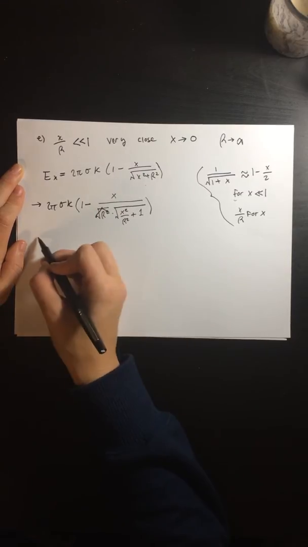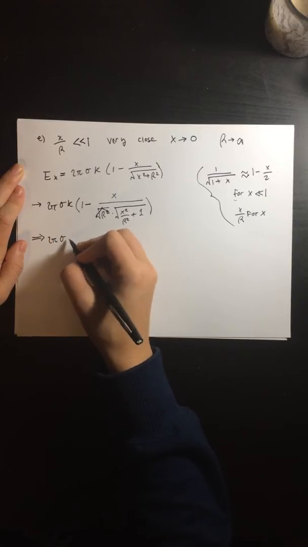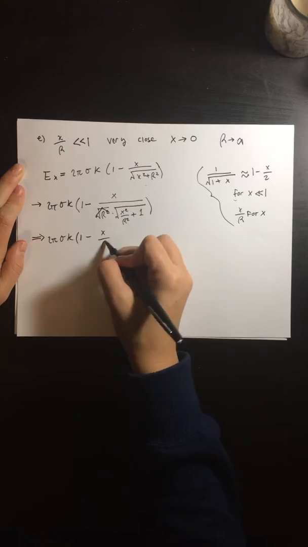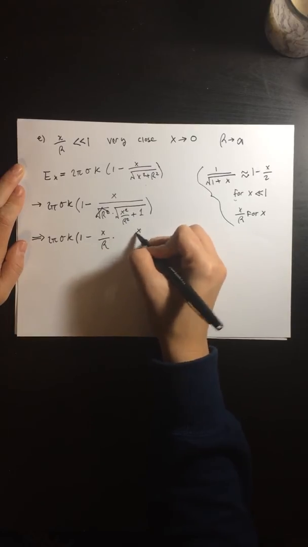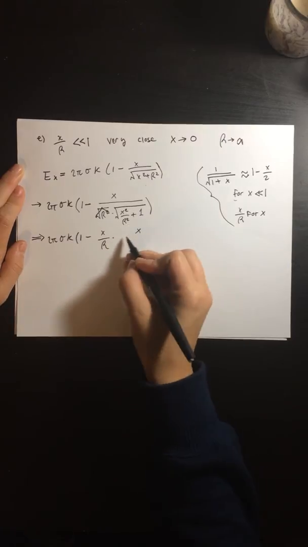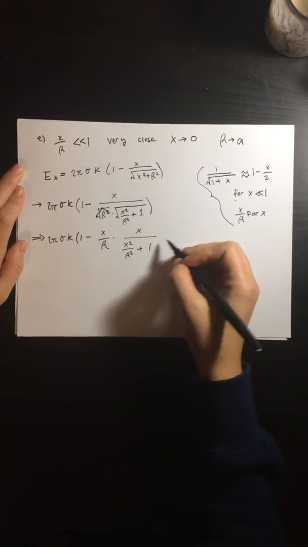So let's start this again. Write this again, sorry. 2 pi charge density k times 1 minus, and now let's just replace this with x over r times 1 over the square root of x squared over r squared plus 1, right?